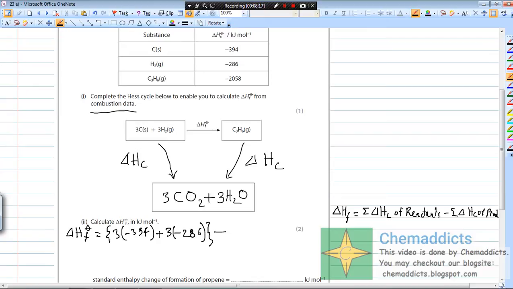This is the sum of combustion enthalpy of reactants minus the sum of combustion enthalpy of products. Okay, so the product is alone this. Since this is 1 mole, we are using 1. So 1 multiplied by minus 2058.